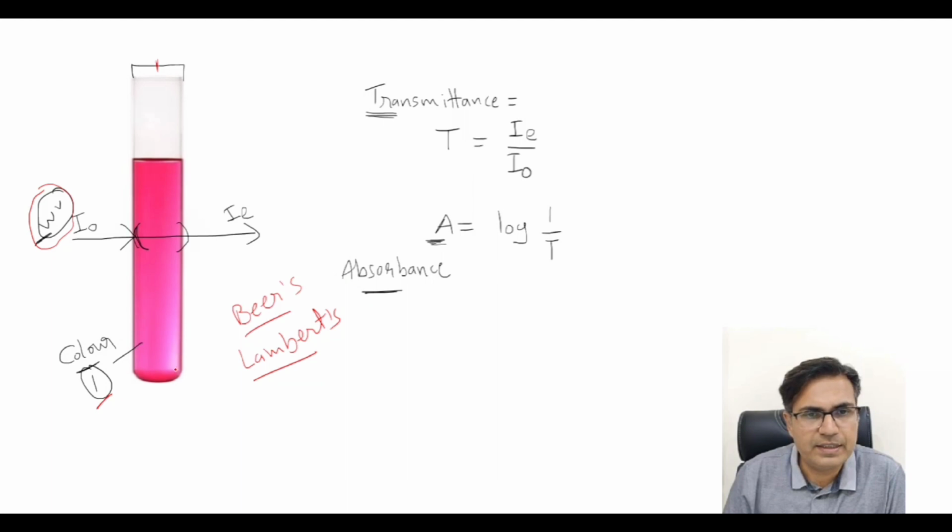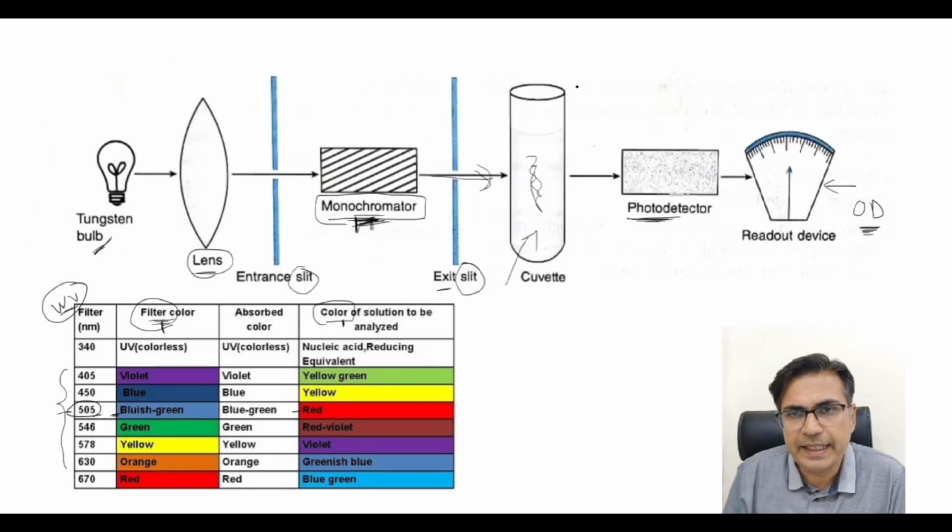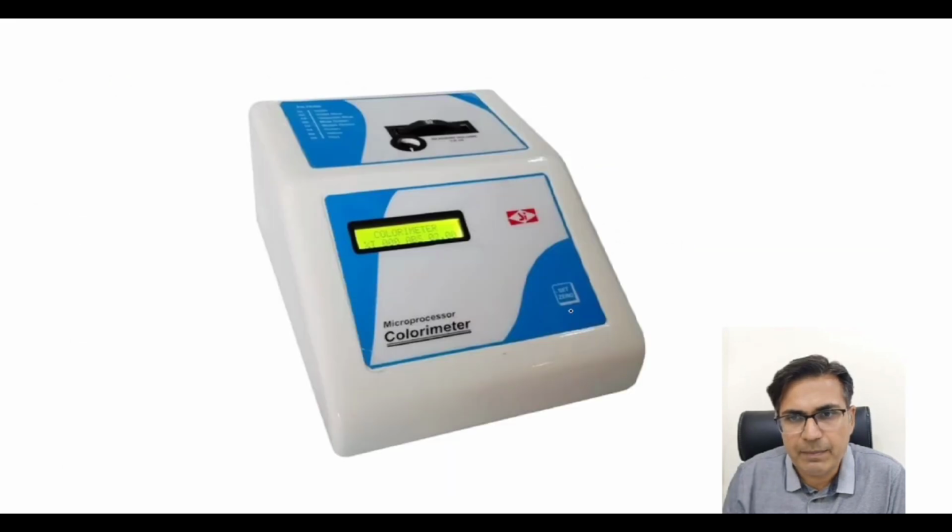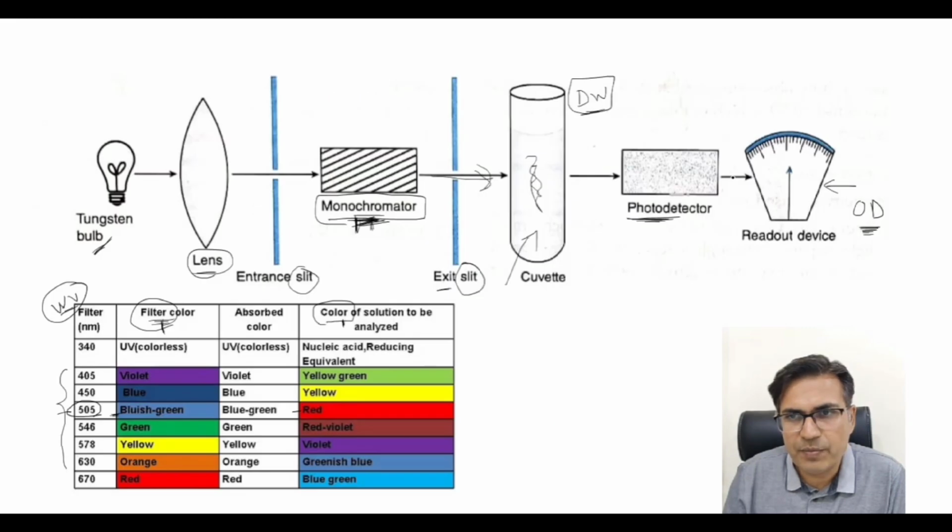Now again understand this slide. We have this test tube and we need to check the intensity of the color of this test tube. So what we do is we take one test tube with distilled water and press this button, set 0. Set 0 means whatever light comes through this distilled water onto the photodetector is 100%.